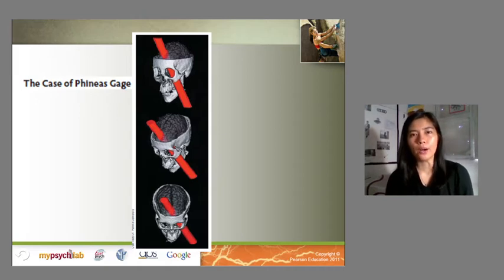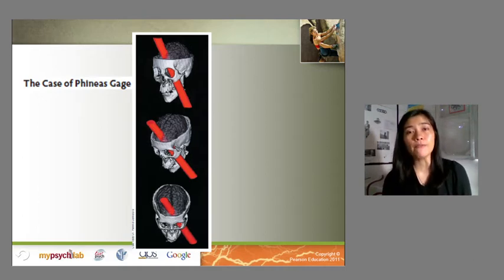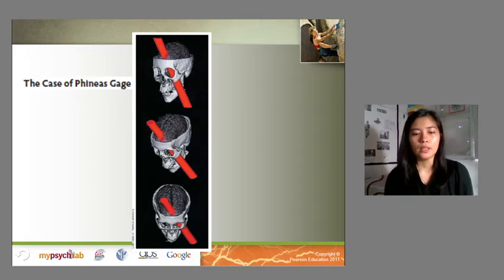The major part of his brain that was affected was the dorsolateral prefrontal cortex, in which people who have damage experience apathy, personality change, and a lack of ability to plan. When we say apathy, there is no care, okay? They also have challenges in emotion regulation and impulsivity, so there are emotional disturbances.